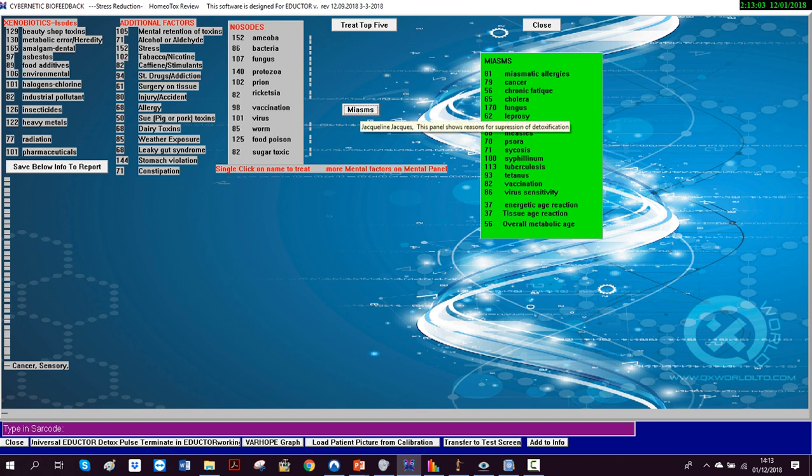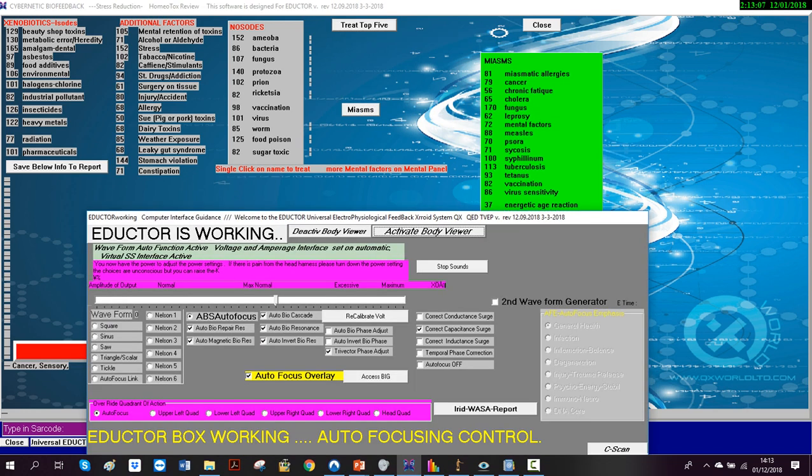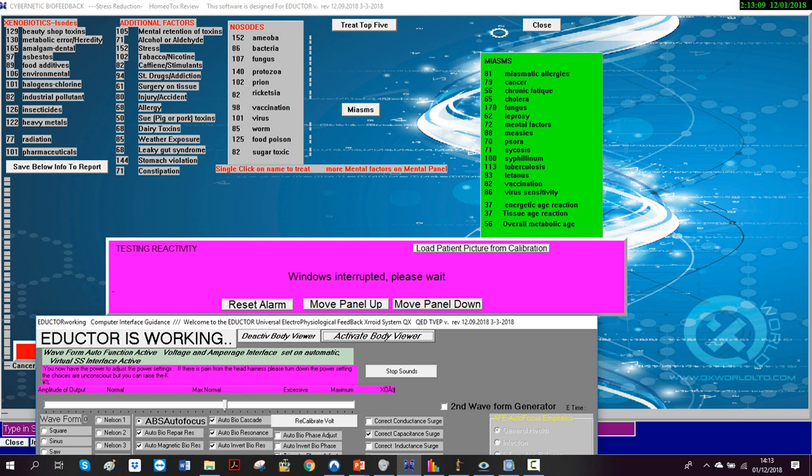Then in here we can just treat the top 5, and it will neutralize the main toxin in the body. It is important to know that when we do that, it will neutralize the main toxin, but not necessarily remove it.